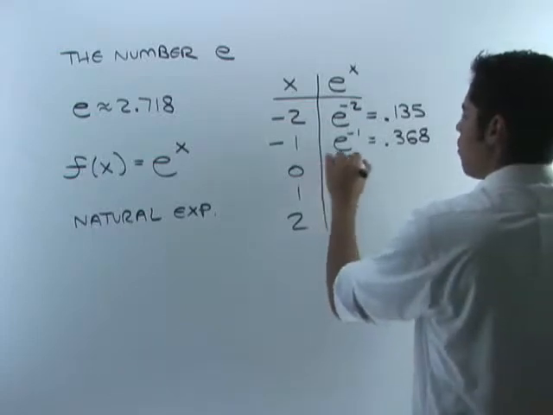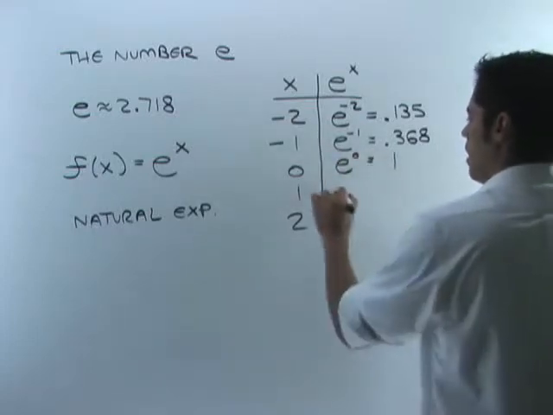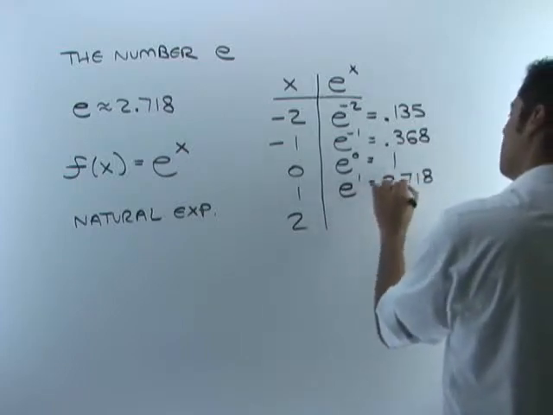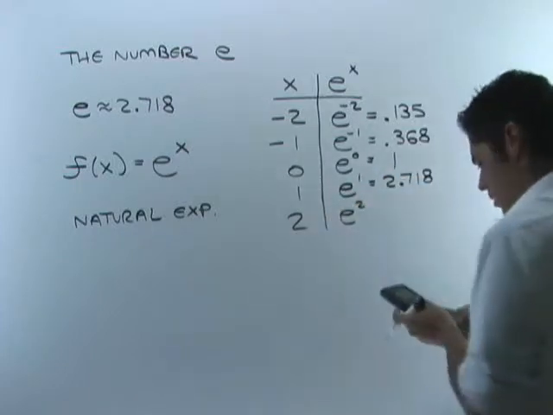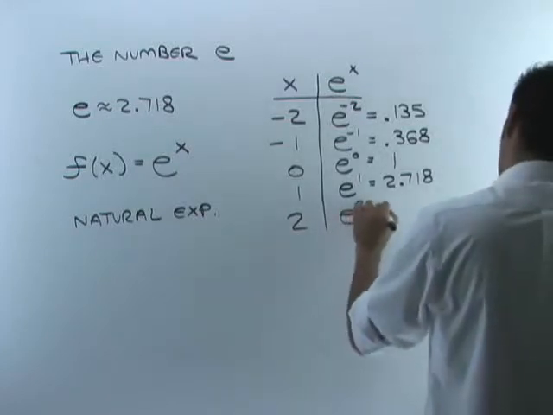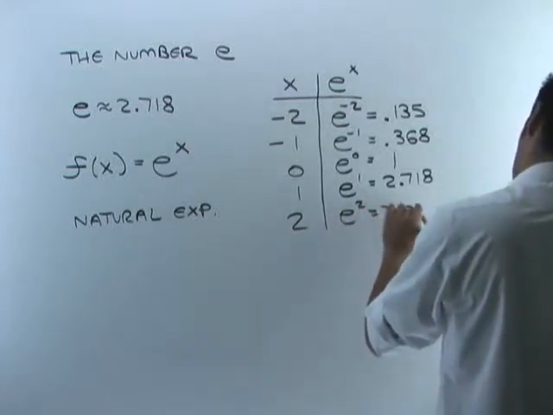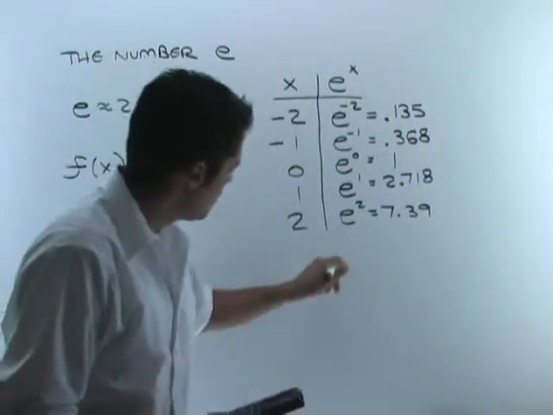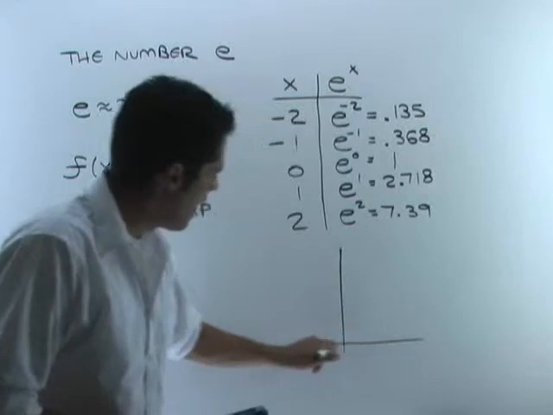E to the 0, of course, will be 1. E to the 1 will be 2.718. And then e squared, you just do that on your calculator too, is about 7.39, something like that.